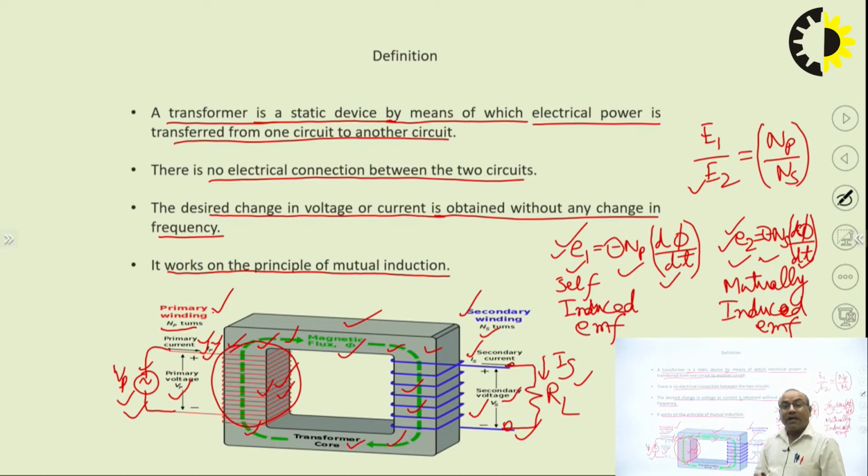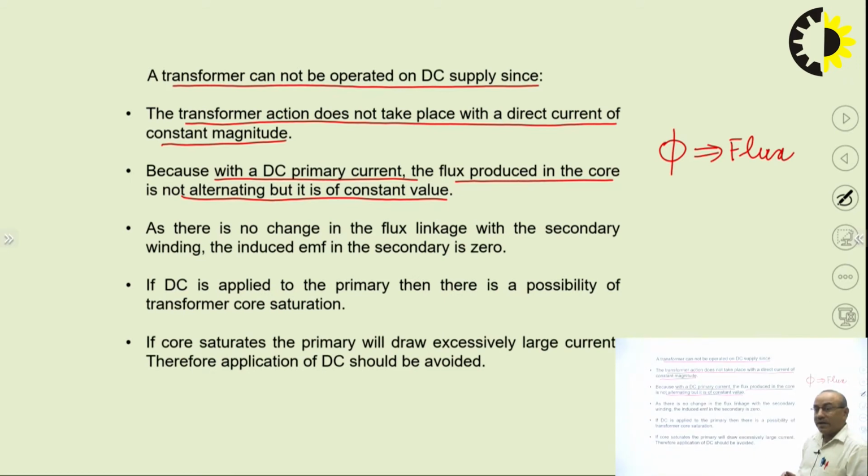So, in case of DC supply, there will be constant flux, or in other words, d phi by dt will be 0.